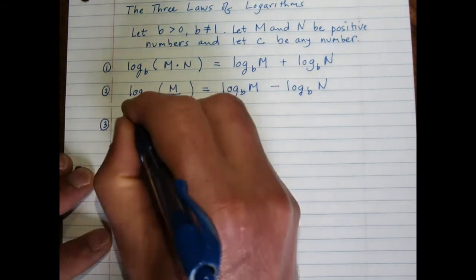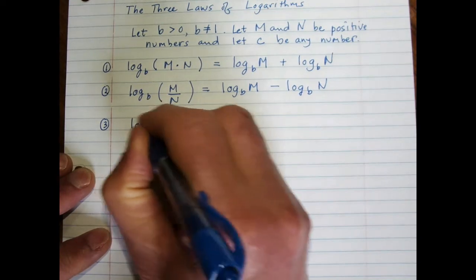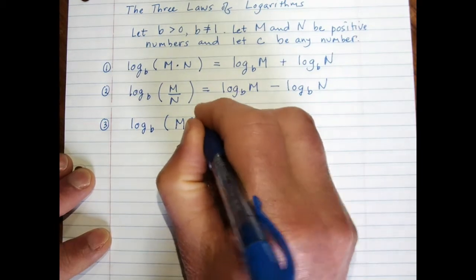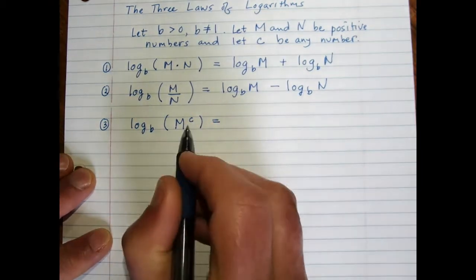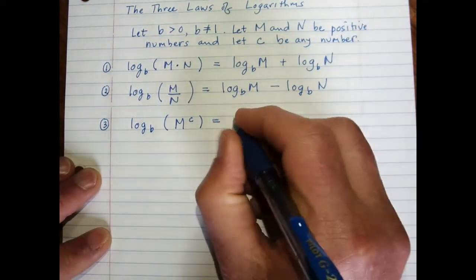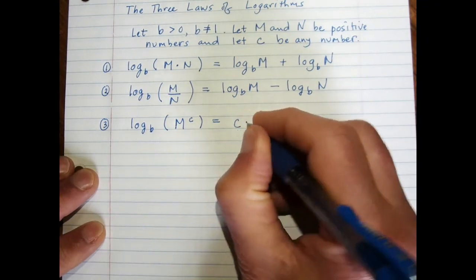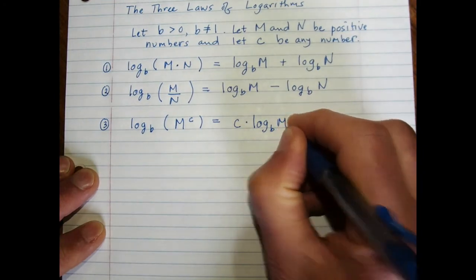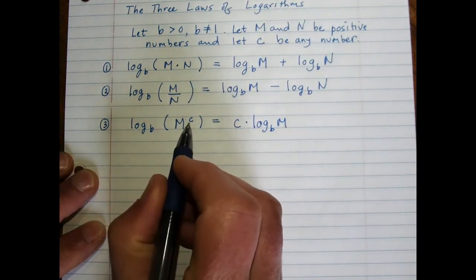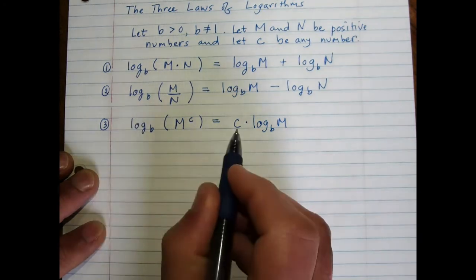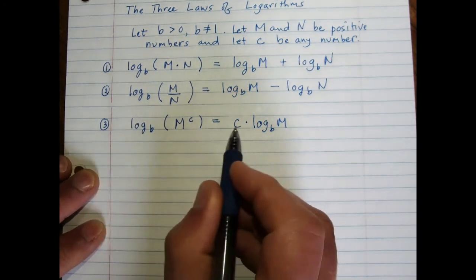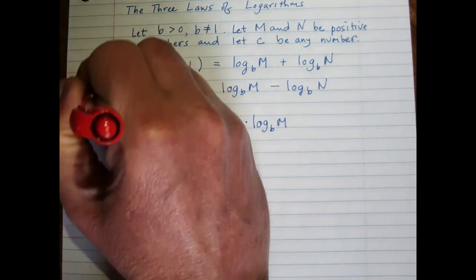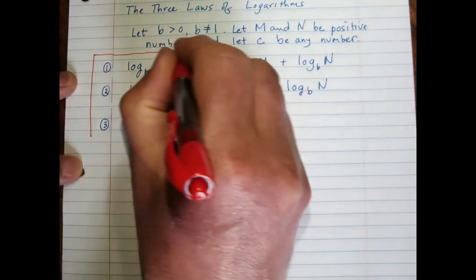And the third law is a little bit different. Log base b of m to the c power, where c is an exponent, is equal to c times log base b of m. It's like this exponent kind of pops out in front of the log and then just becomes a factor, a number times the log base b of m.